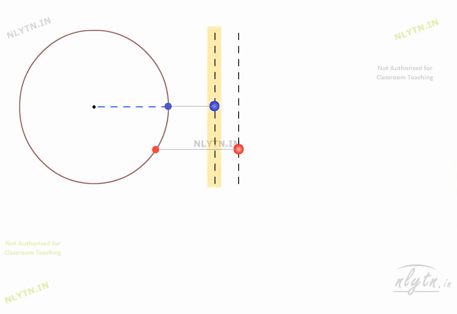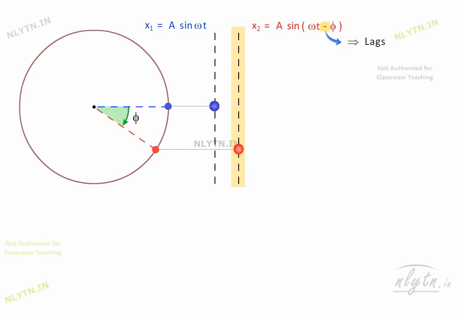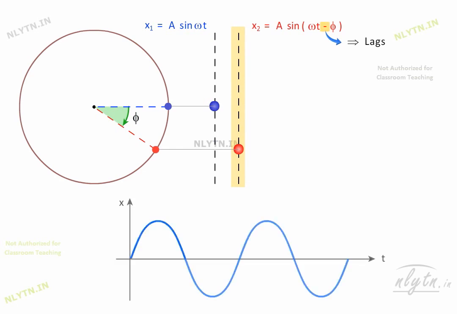If we represent this SHM by such an equation, then this SHM, which is behind the first one by a phase of phi, will be represented by this equation. If we plot these equations, then this SHM will be shifted towards right by an equivalent phase difference of phi.